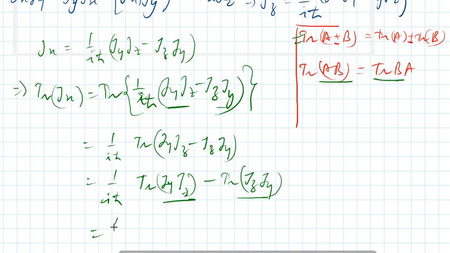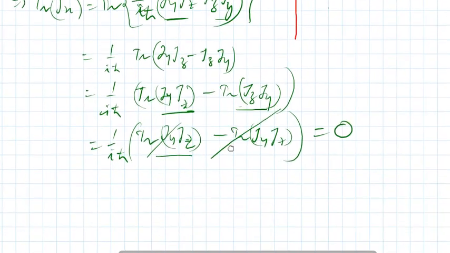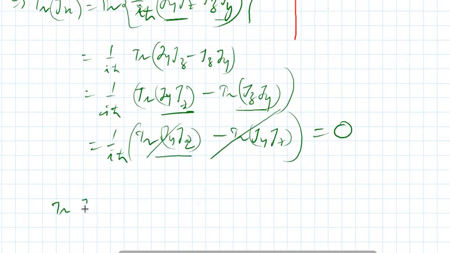So trace of Jy Jz remains as it is, but trace of Jz Jy can be converted into trace of Jy Jz using this property, and both become identical. So it will cancel out and it is equal to 0. Now I have proved that trace of Jx is equal to 0.